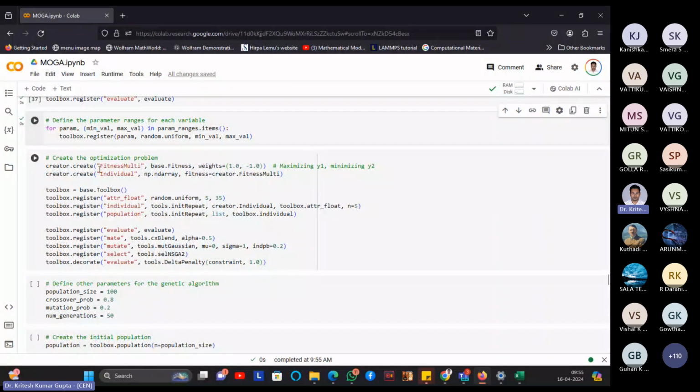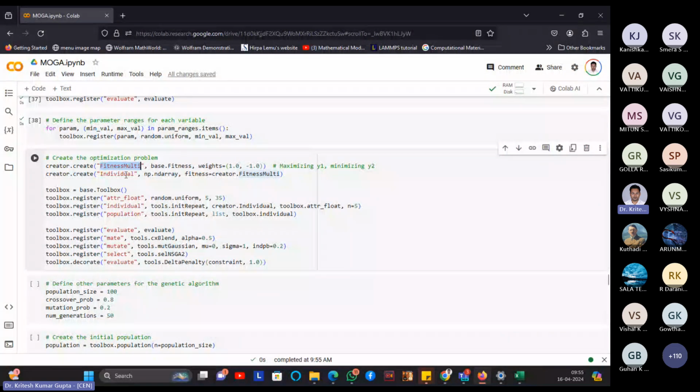Okay. So fitness, this is a multi-objective problem. So fitness multi is the task. We are assigning weights for individual response. So we are giving positive weight for the stiffness since we want to maximize that. We are giving negative weight to the density since we want to minimize that. Again, we are taking individual, how that individual has to vary.